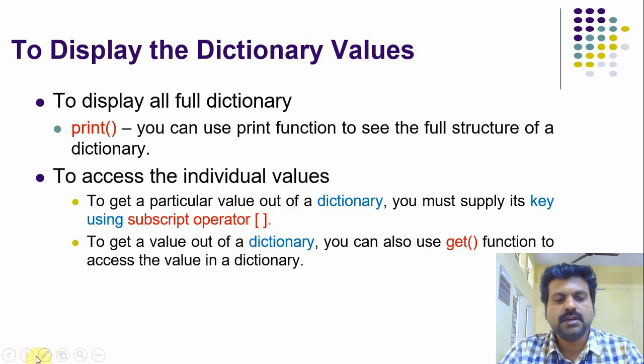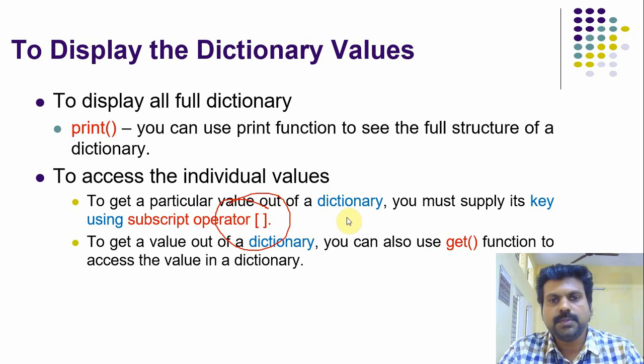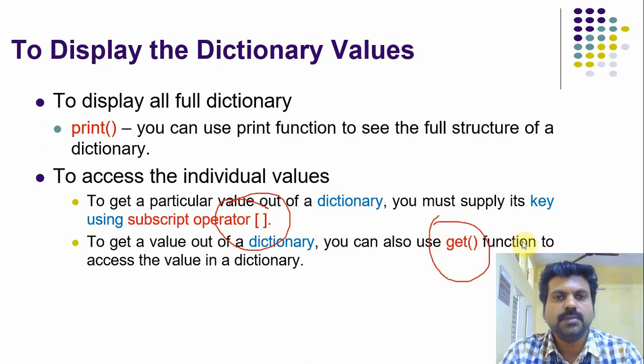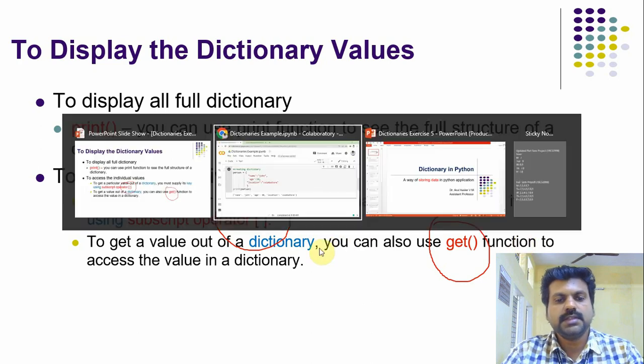One way is to use the square bracket subscript operator. Inside the square bracket subscript operator, you have to pass the key, so that we can get the value of the particular key. The next way of accessing data from dictionaries is to use the get function. Inside the get function also we have to pass the key. Now let's see how to do that.